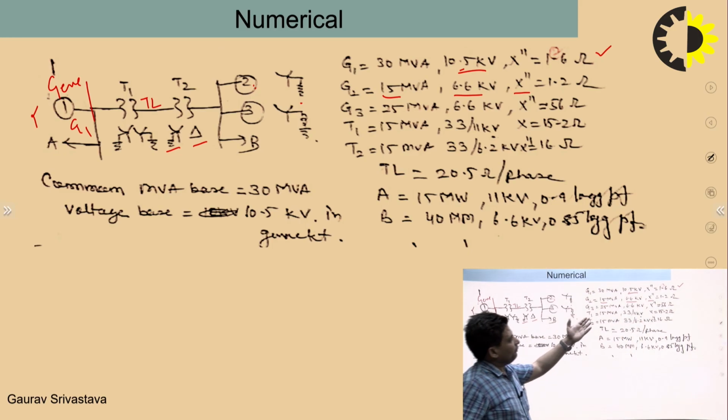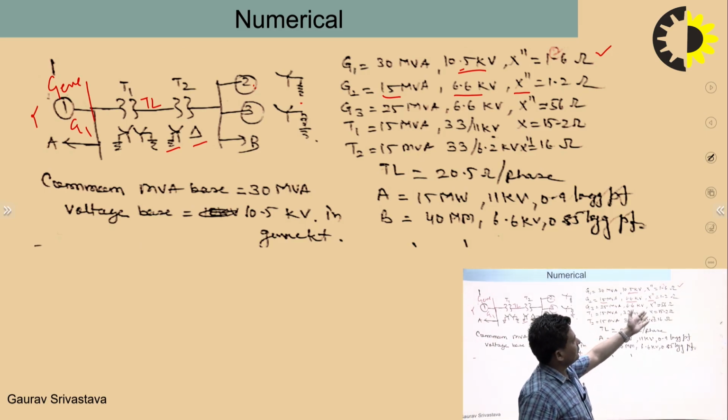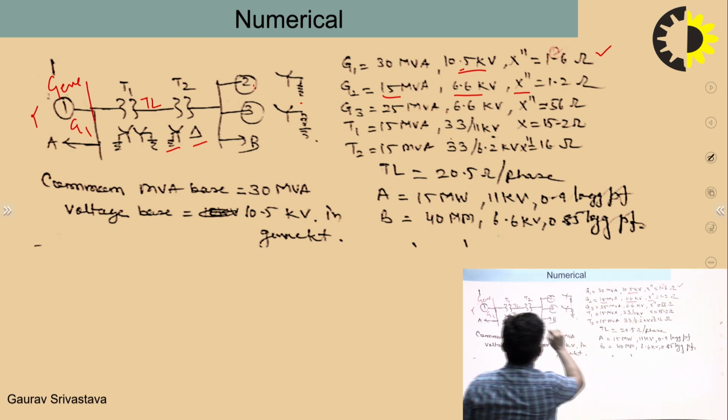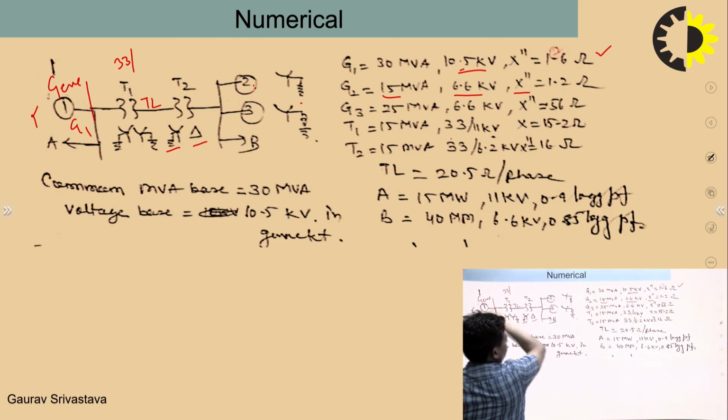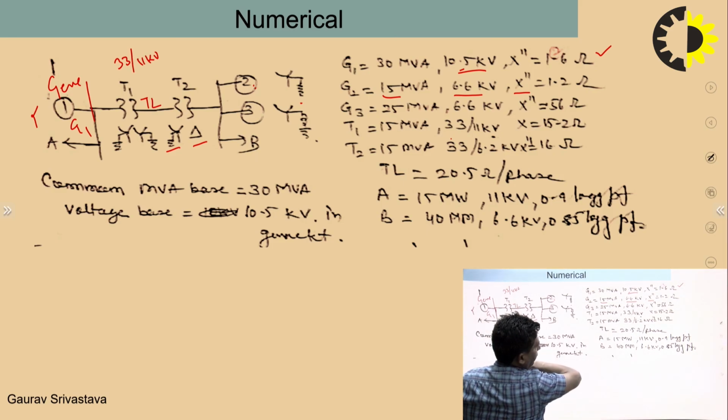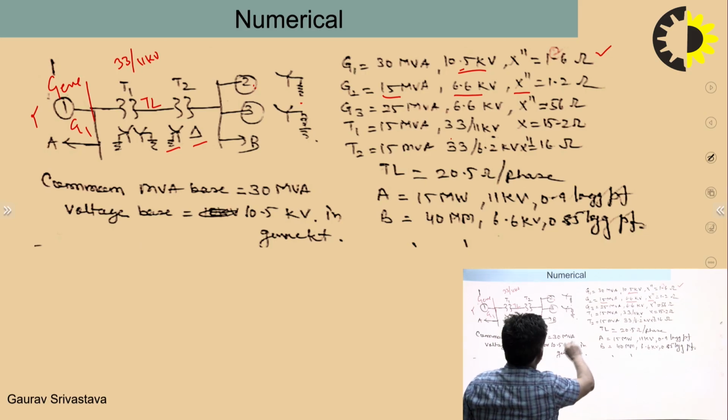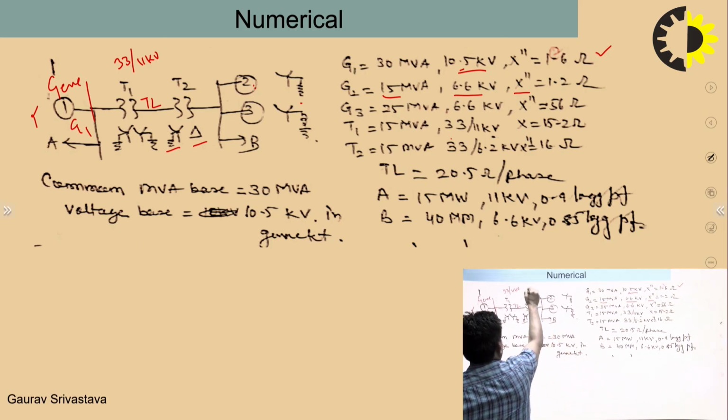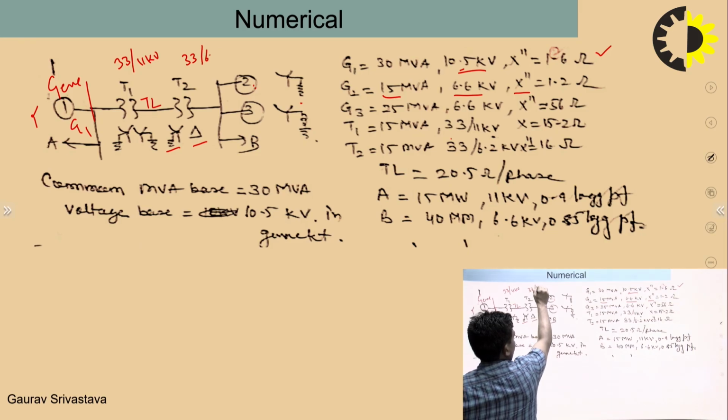G3 is 25 MVA, 6.6 kV, with a reactance of 56 ohms. For the transformers, initially the voltage level is 33 by 11 kV, 15 MVA, and T2 is 33 by 6.2 kV.